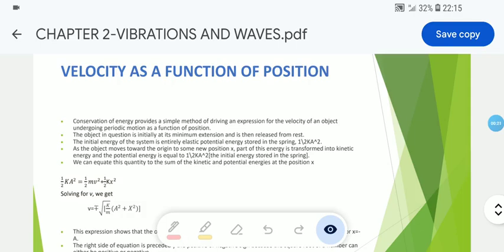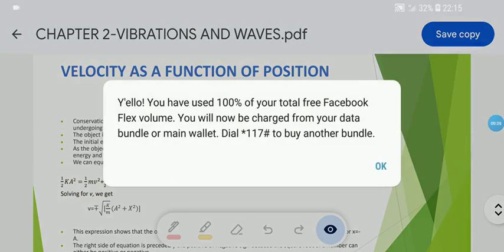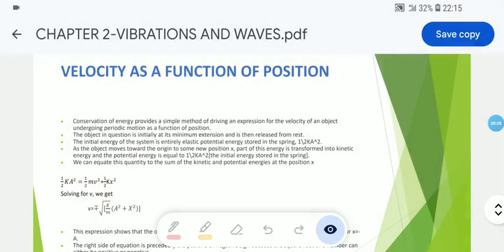Google Meet as well. So today we are looking at how you can express velocity as a function of position.